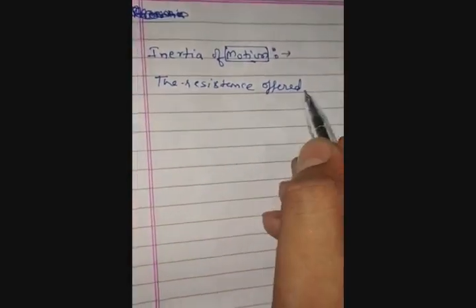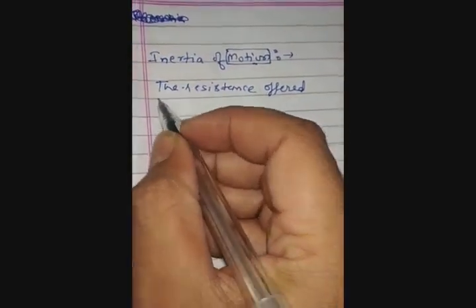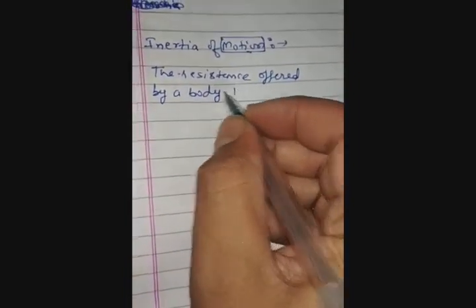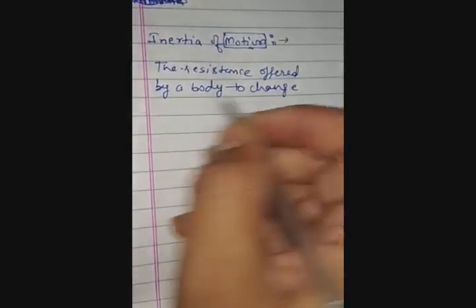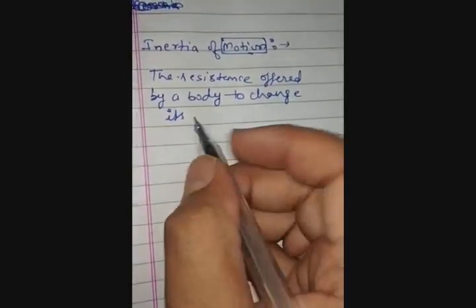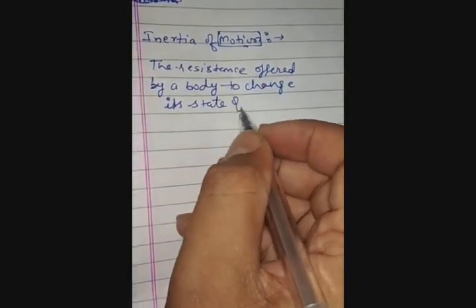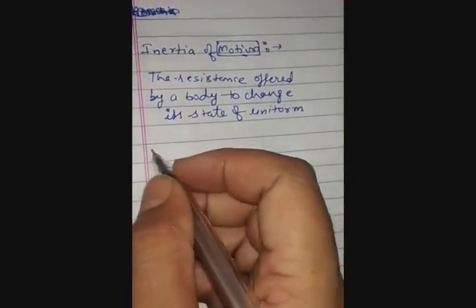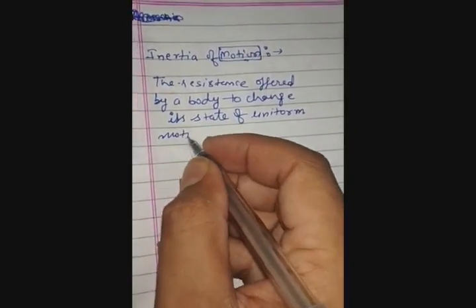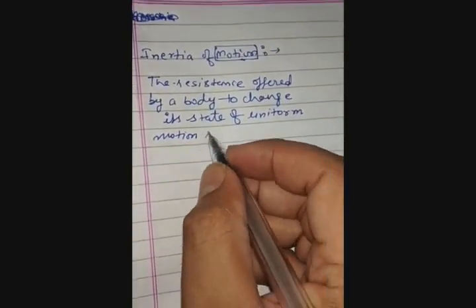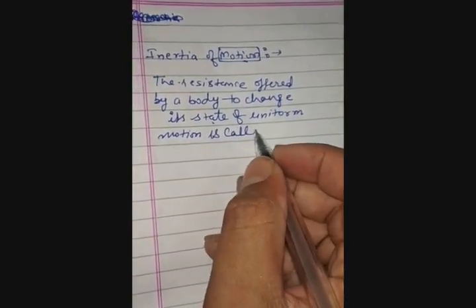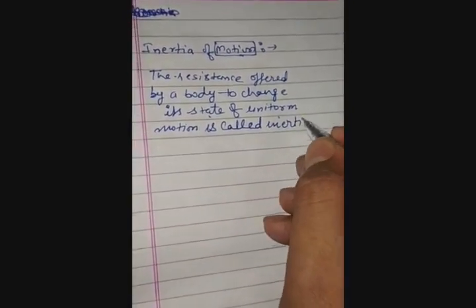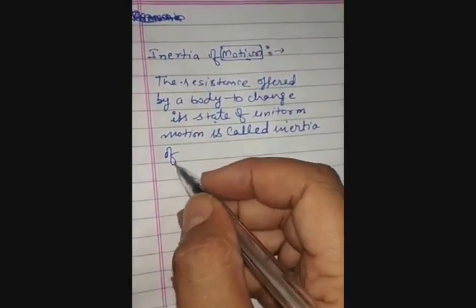So we can say here: the resistance offered by a body to change its state of uniform motion is called inertia of motion.